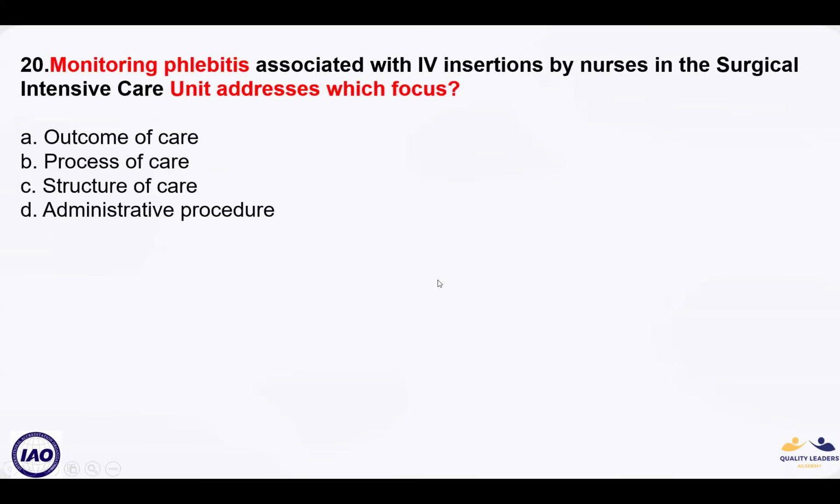Now, coming to question number 20: monitoring phlebitis associated with IV insertions by nurses in the surgical intensive care unit addresses which focus? Again, it's about structure, process, or outcome. We all know the infection rates or the turnaround times come under outcomes.